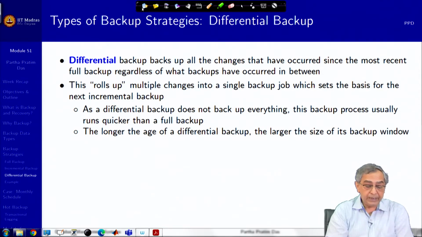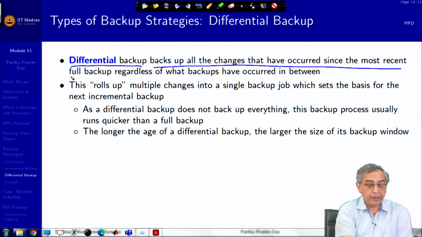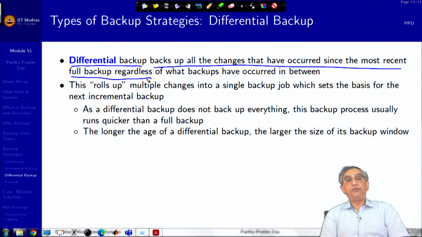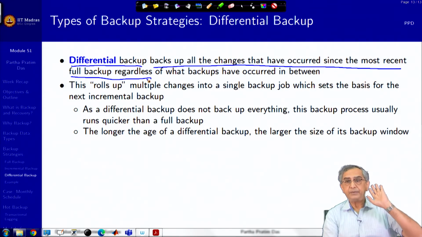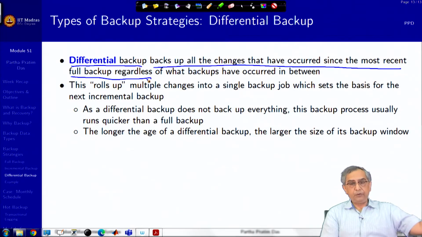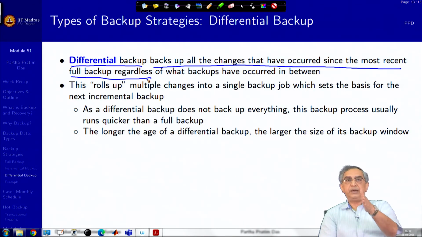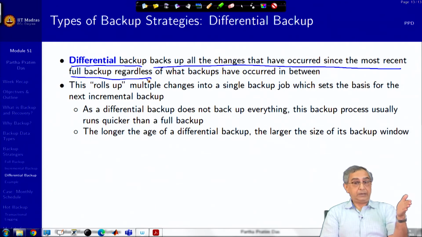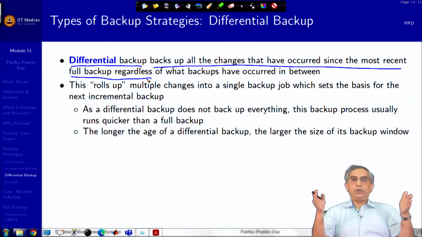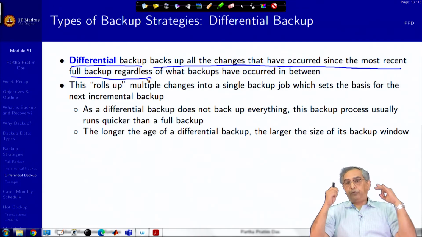So, what you do is differential backup backs up all the changes that occurred since the most recent full backup, irrespective of what other incremental backups you have taken. You take the last full backup, and with respect to that you are doing the differential. So, you can say that doing incremental on a daily basis is a form of differentiation, but differential only has a time window which is more than the incremental backup and less than the full backup, right.